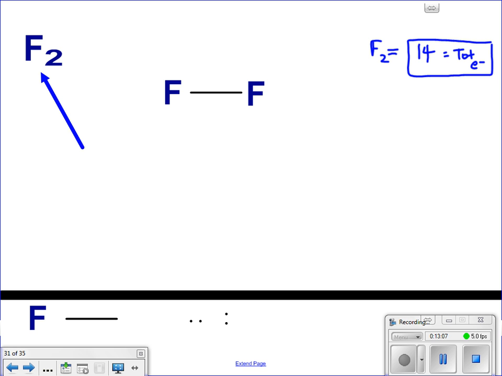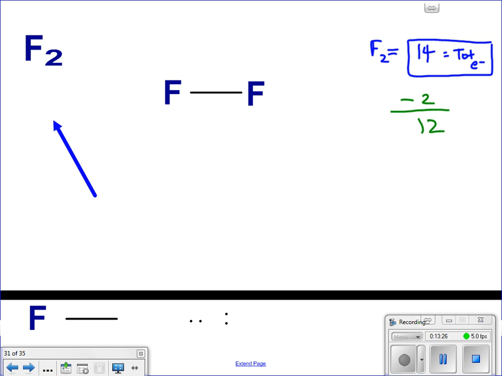All right, so now we have to account for the bonding electrons, which are here, so we're going to subtract 2, and when we subtract our 2, we will come up with a total left of 12.